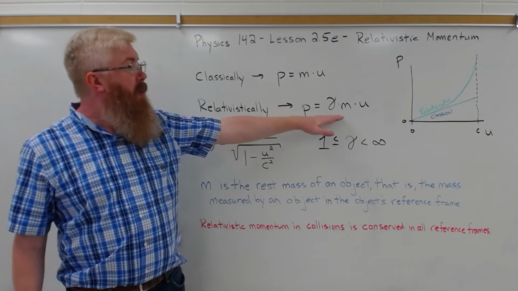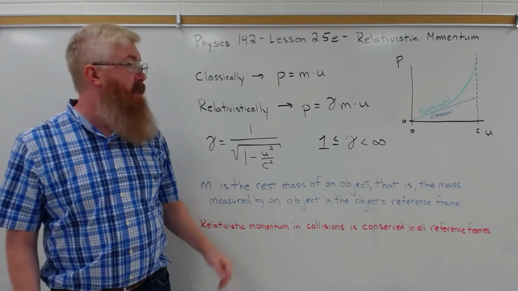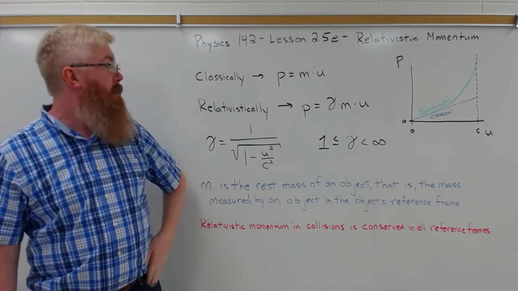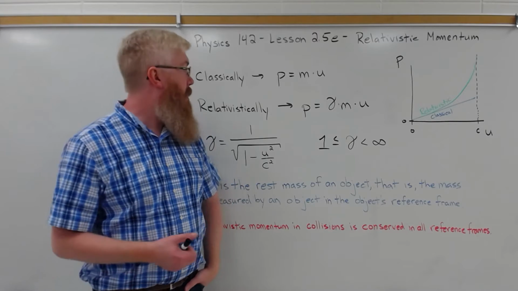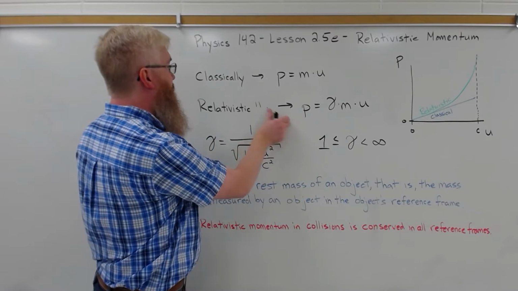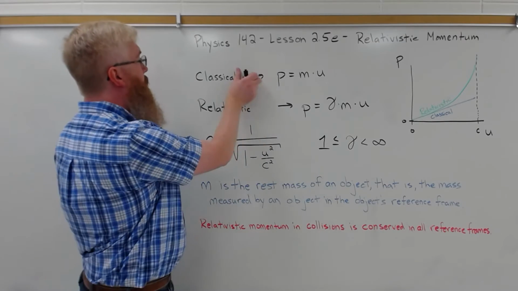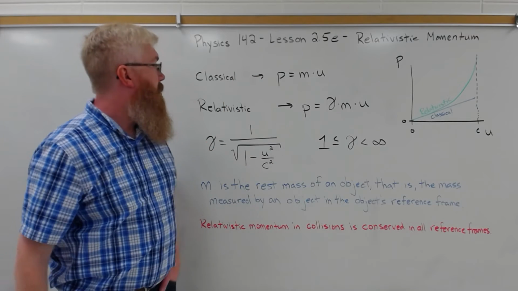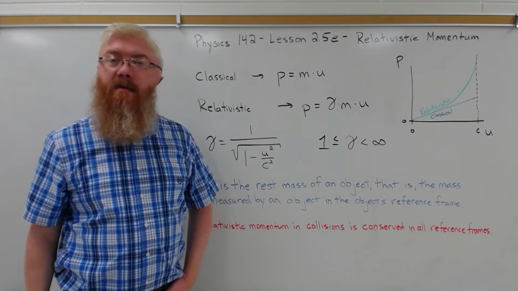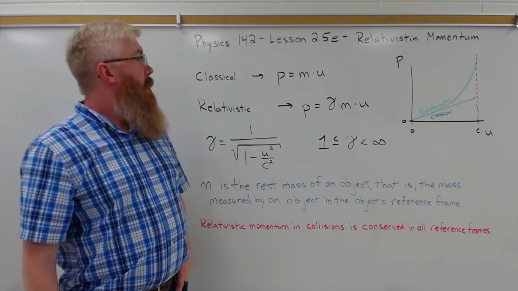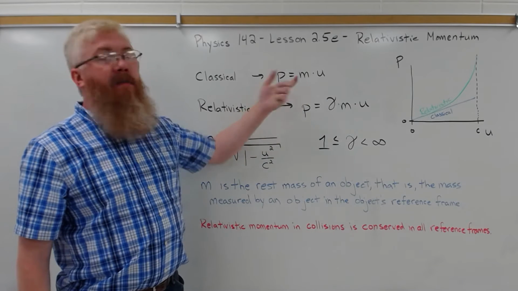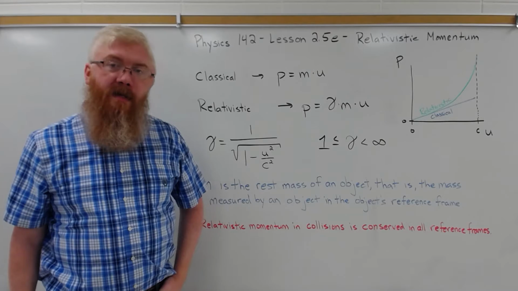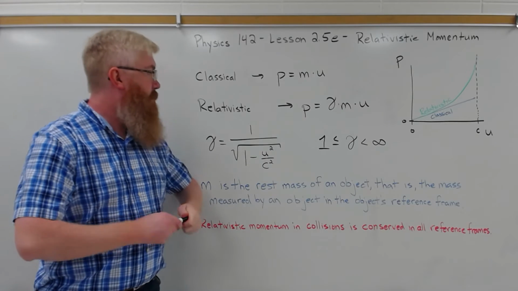So we don't have to worry about the difference between the relativistic and classical versions of this equation. The relativistic becomes the classical version at low speeds. This is called the correspondence principle.